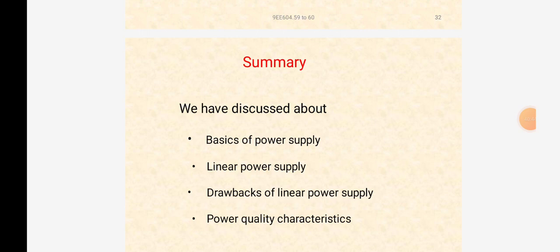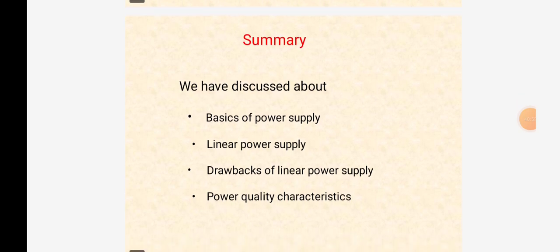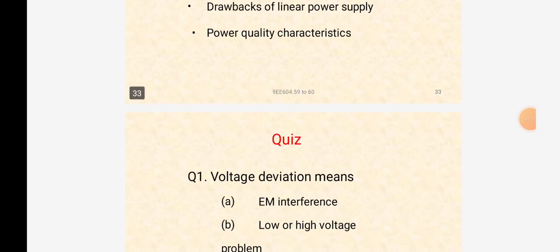So we watched the YouTube lesson on applications of electronic circuits. Now, in today's class summary, we learned the basics of power supply, linear power supply, drawbacks of linear power supply, and power quality characteristics.